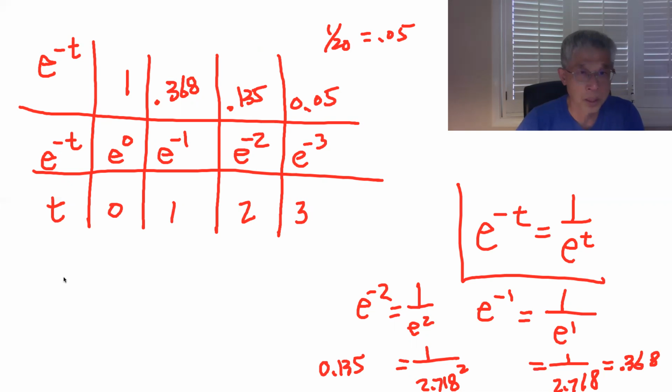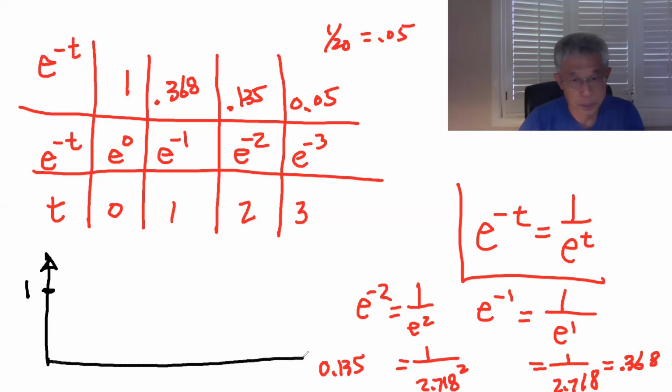What does it look like? I know when it's 0 go to 3, but this only goes from 1 to 0.05, so this is smaller. I'm going to call this one 1 here, and then that's 1, 2, 3, okay?